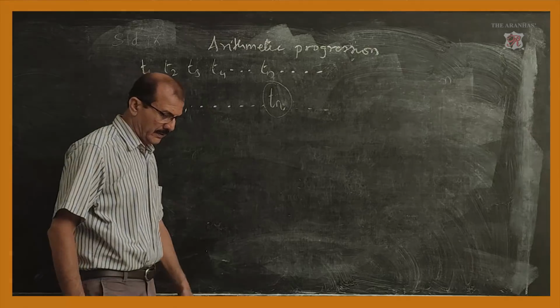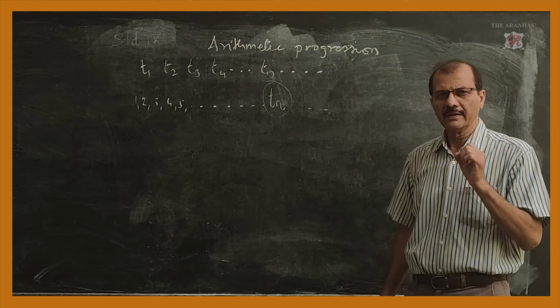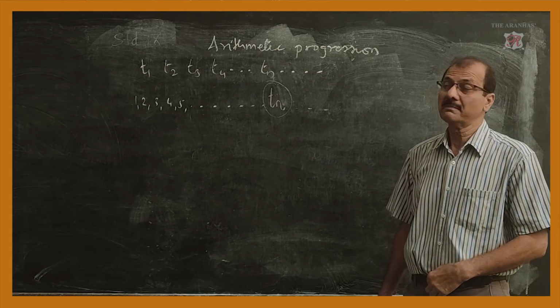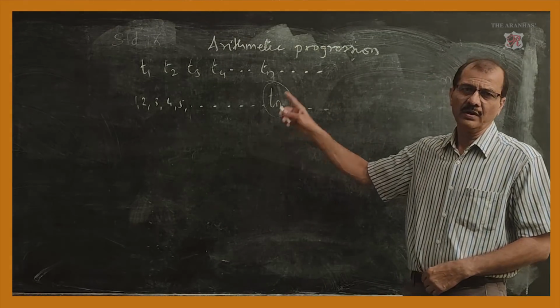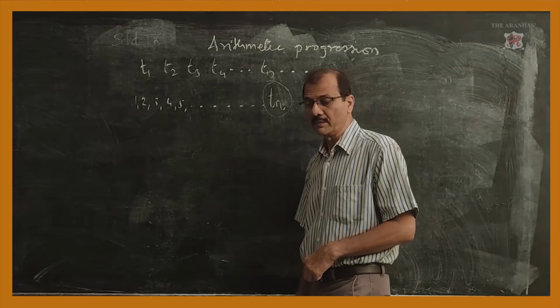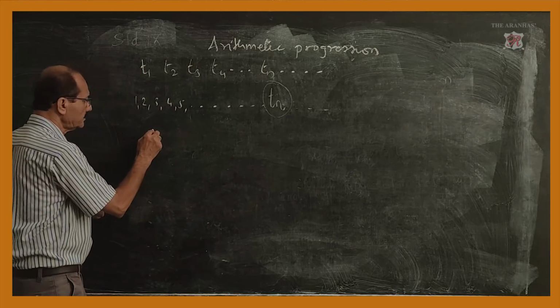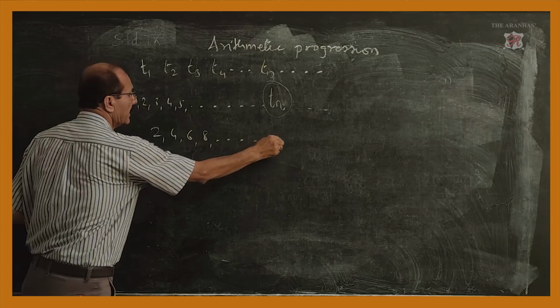Next, we are going to see a sequence that is known as an arithmetic sequence, or arithmetic progression. Now, what do you mean by this arithmetic progression? For example, see 2, 4, 6, 8 and so on.